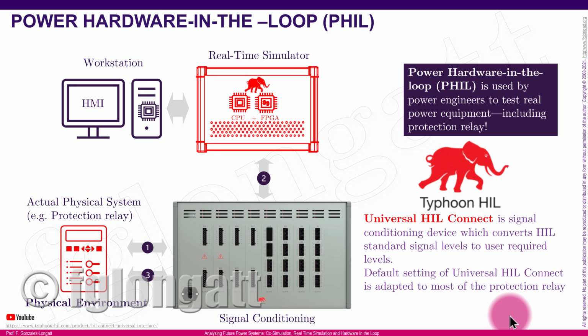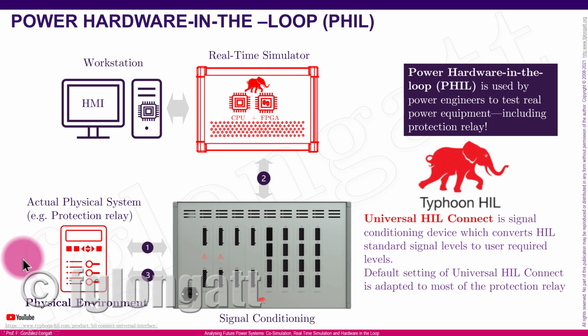And in this case, we are using the Typhoon HIL framework, the real-time simulator, the HIL 604, and then we have this huge elephant here, the signal conditioning, which is the Universal HIL Connect, okay? This device is able to generate signals at any frequency and high voltage and high currents.